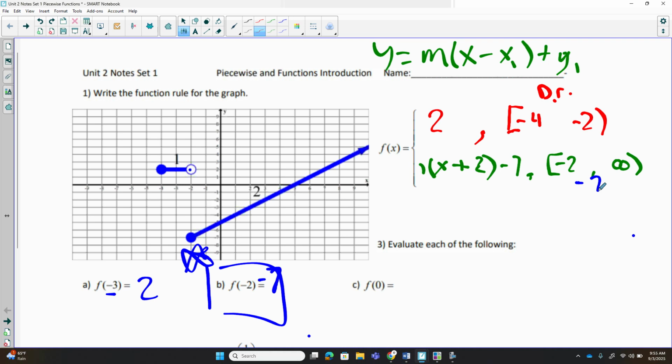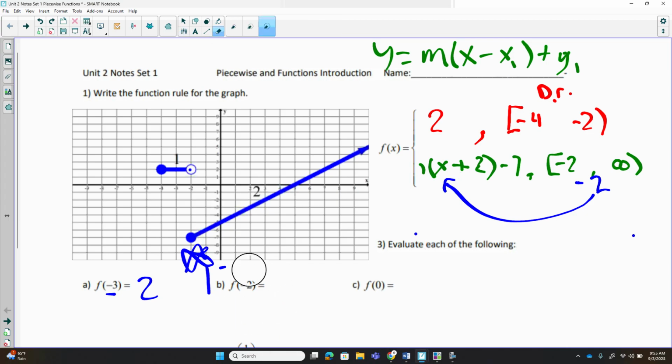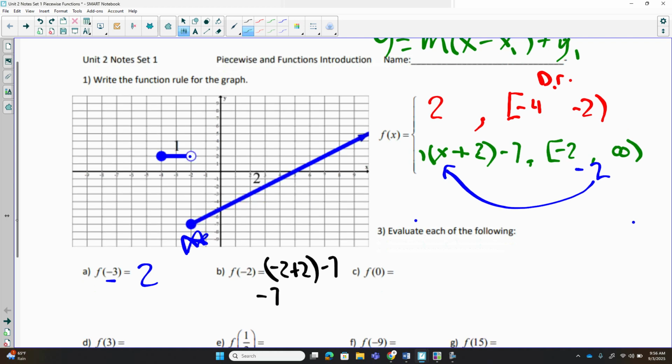I'm sorry, -2. Did that earlier today too. -2 falls between -2 and infinity, including -2. So you will take the -2 and you will plug it into this equation right here. So then you would write down -2 plus 2 minus 7. That goes away, so -7 is my answer. Clear with that?